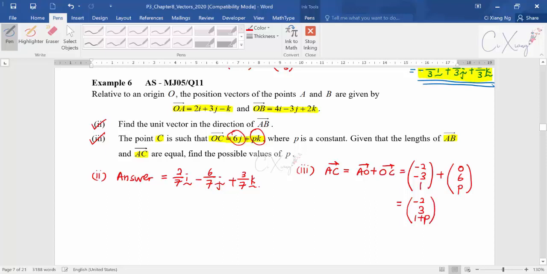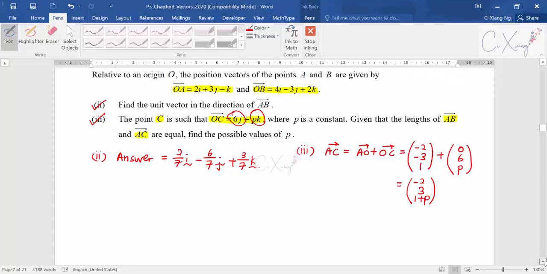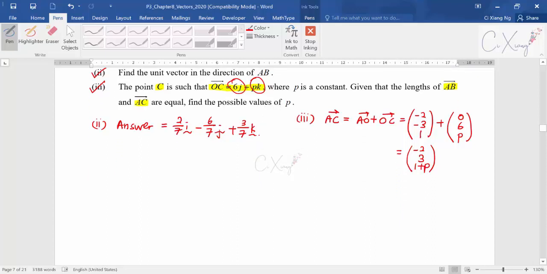Now, by using the information given in the question, they say that the modulus of AB equals the modulus of AC. From here, they want you to get the values of p. The modulus of AB, you already got in the first part, which is 7. And then what's the modulus of AC?